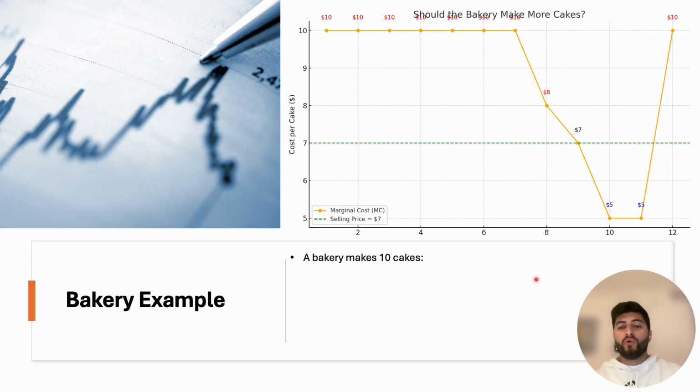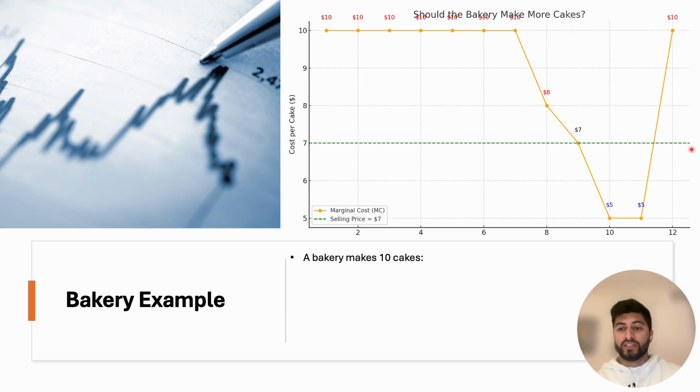So in this graph, the orange line represents the marginal cost for each cake. So if you can see here, the cost of making cakes one all the way to 8 is below the selling price, which is this green dash line.